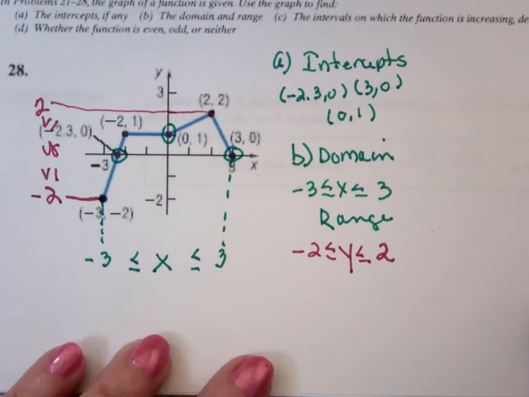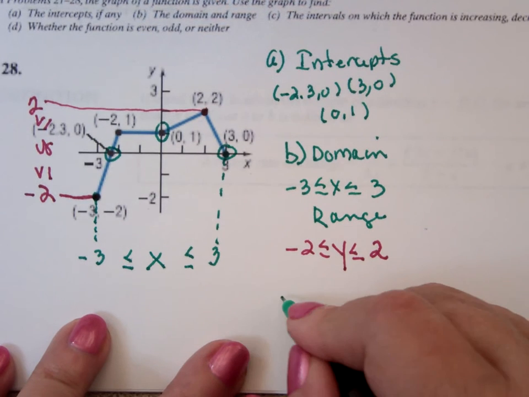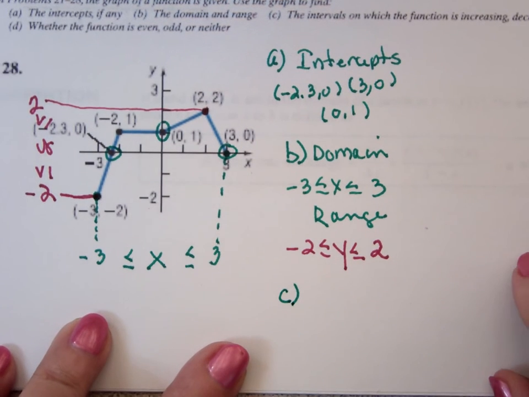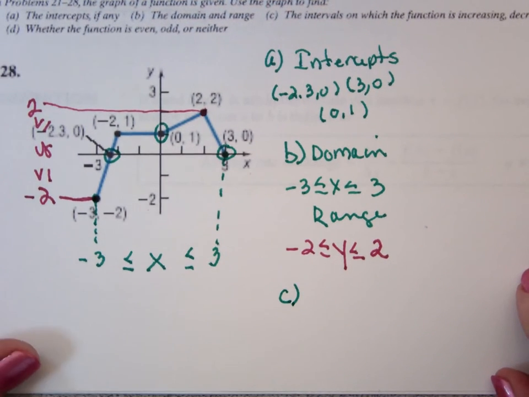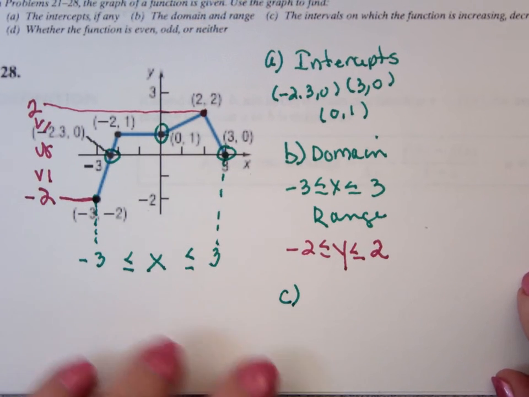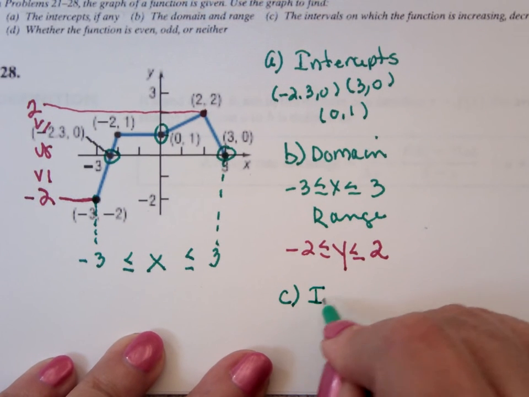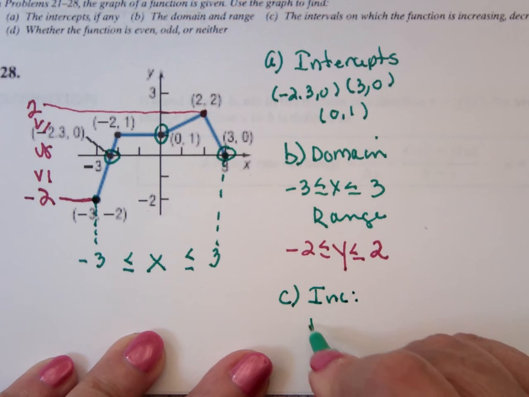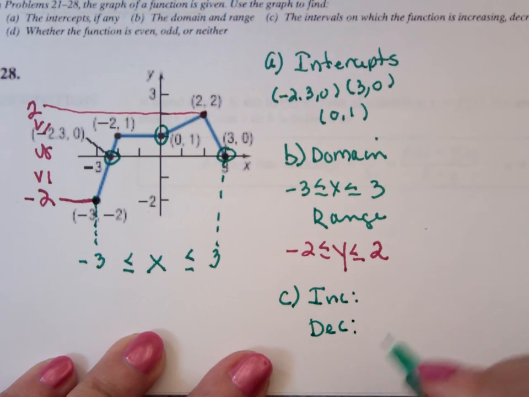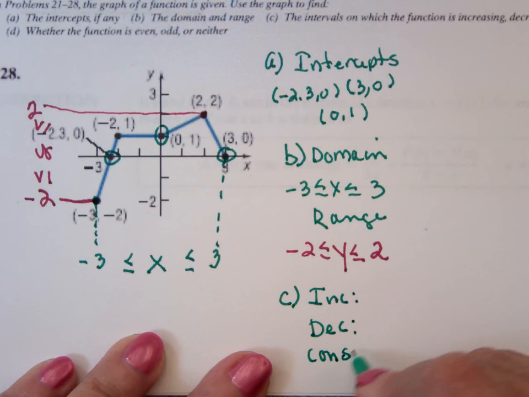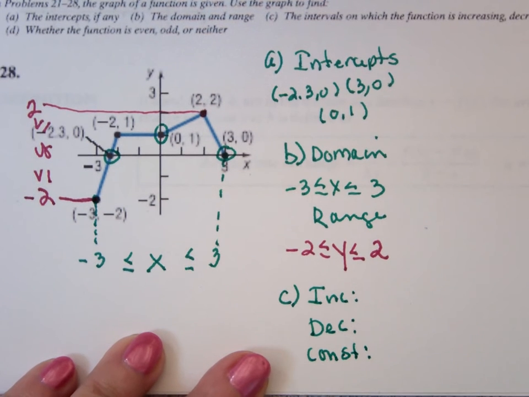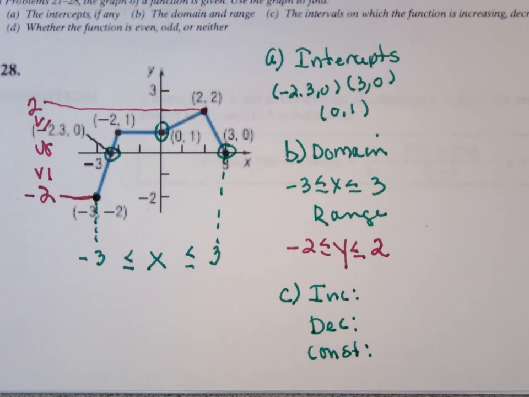Okay, here we go. And C. Increasing, decreasing, constant. Now, for what x values is y increasing, decreasing, constant?